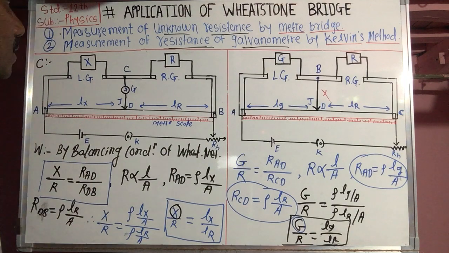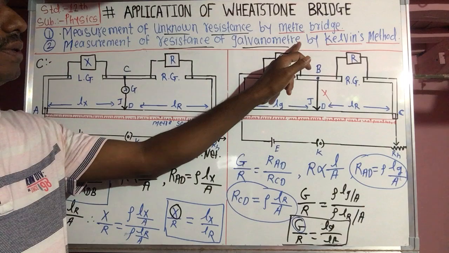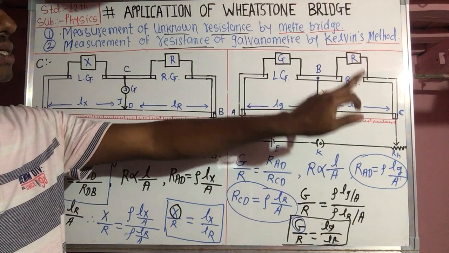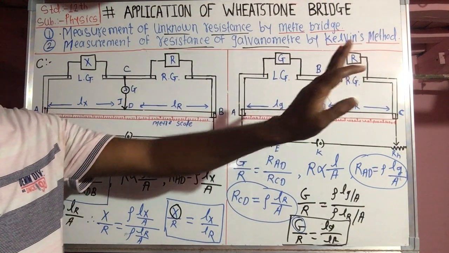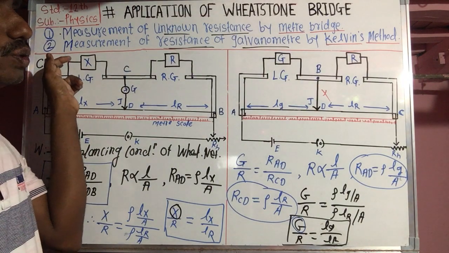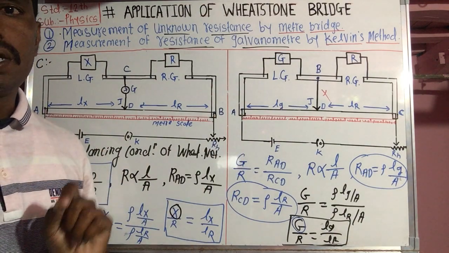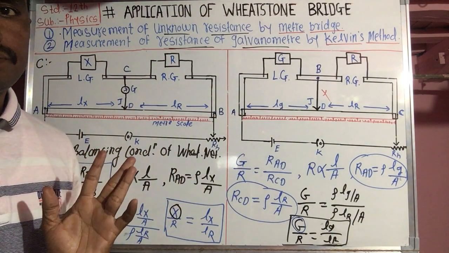It is used for measurement of resistance of a galvanometer by Kelvin's method, capacitance, inductance, etc. And a third one is also there: the Wheatstone bridge is used for the measurement of physical quantities like temperature, strain, etc.